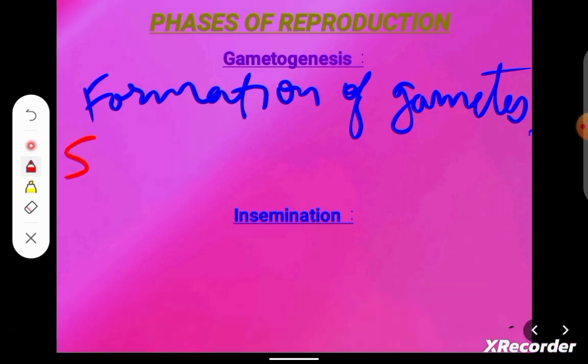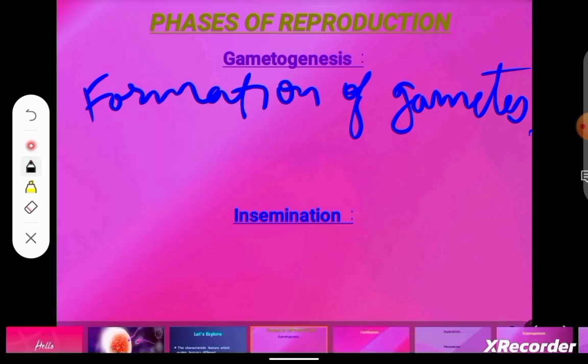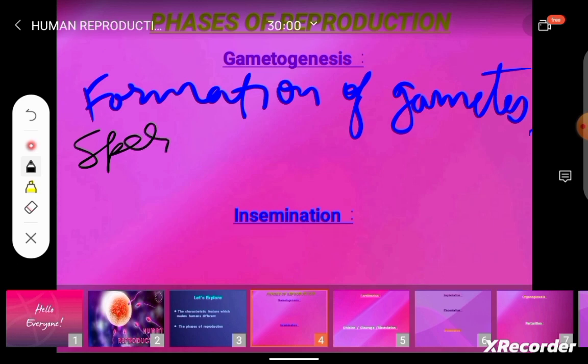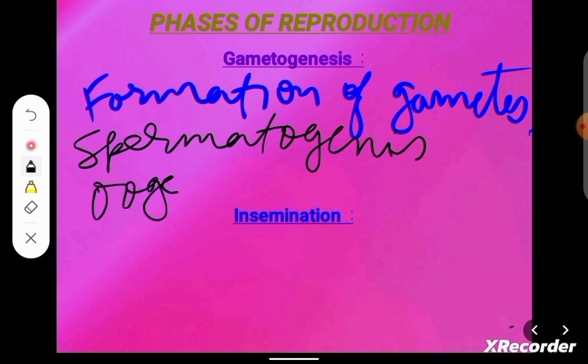First one is spermatogenesis. What does this mean? The second one is oogenesis.